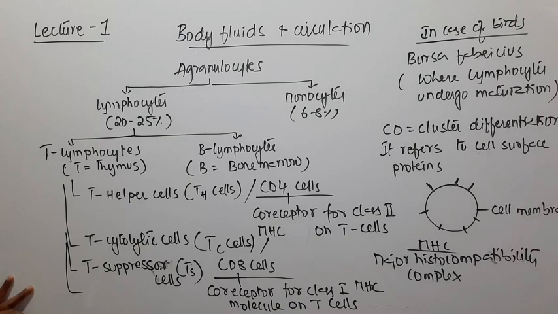And again, one more we have is the T memory cells. In short, I call them TM cells. These T memory cells are the ones which will remember the microorganism that entered, or the parasite that entered and caused the disease. It will remember those parasites, and it can help in triggering the secondary immune response.